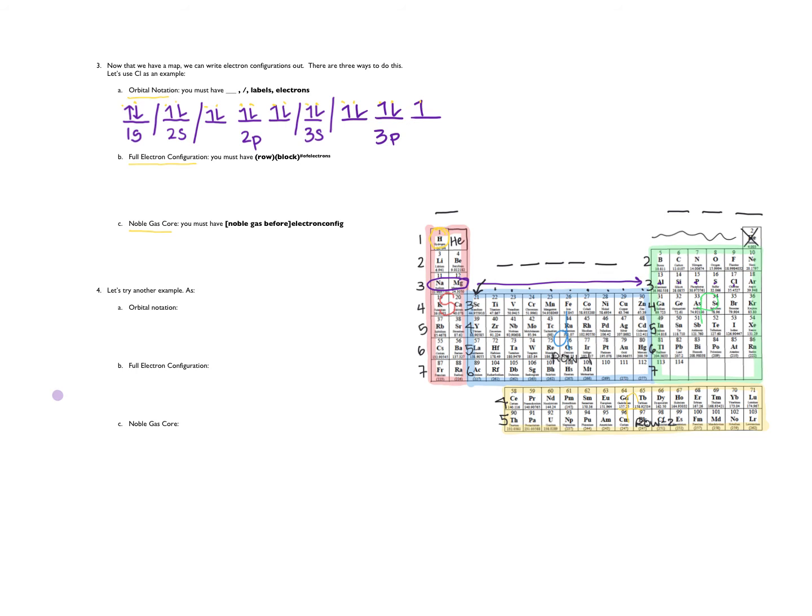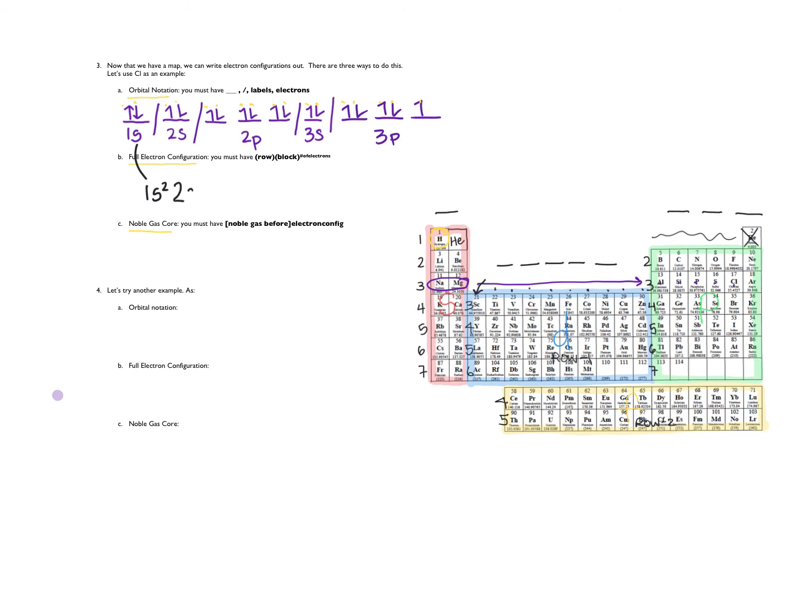Full electron configurations are a way to express the same thing, where all the electrons are, with a little less information and also a little less effort. So the way you would write this is you would start with 1s and just write an exponent 2 to show there are 2 electrons in that orbital.